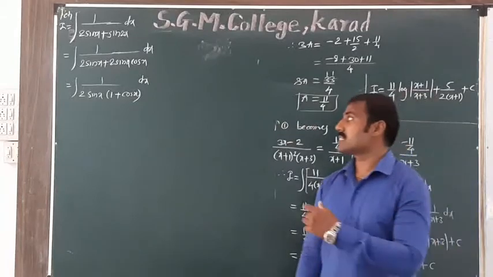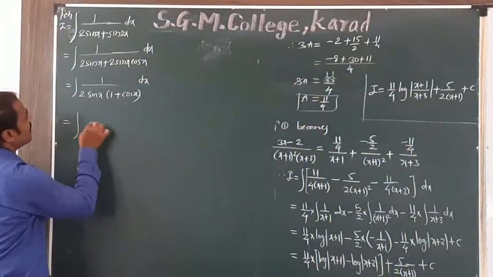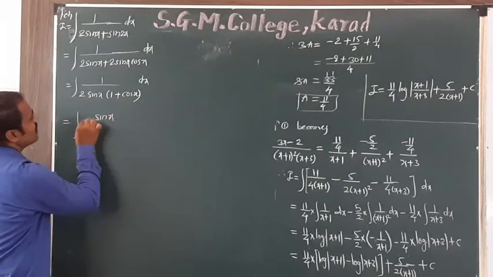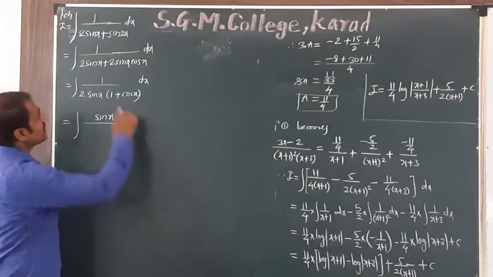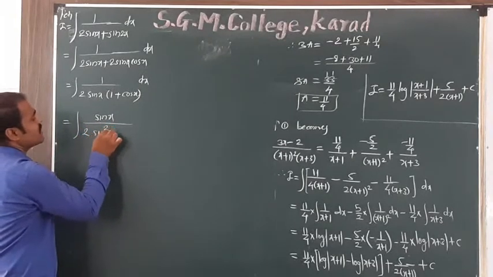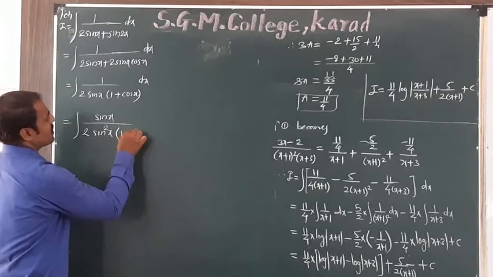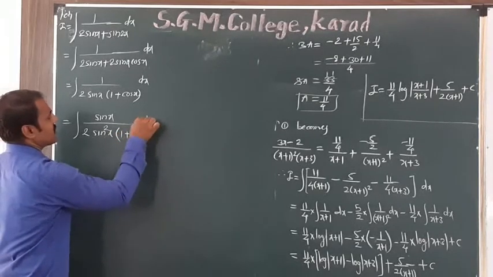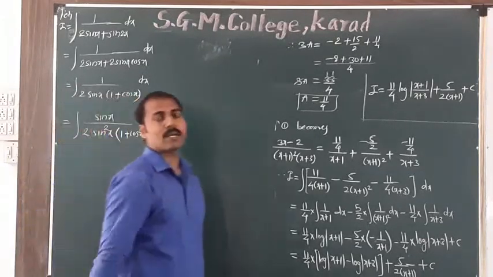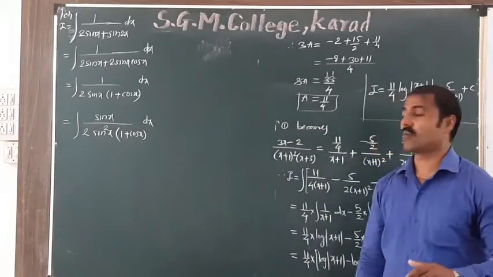We are adjusting the term of sin x here, multiplying numerator and denominator by sin x. So sin x into 1 is sin x divided by 2 into sin x into sin x is sin square x into 1 plus cos x dx. Why did we multiply by sin x? To get the derivative of cos x.